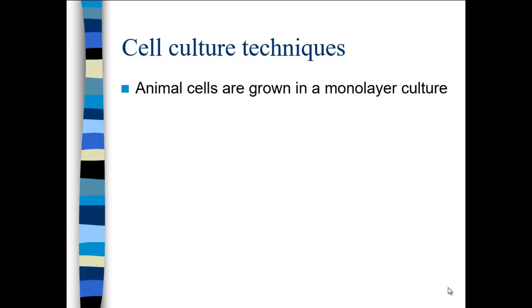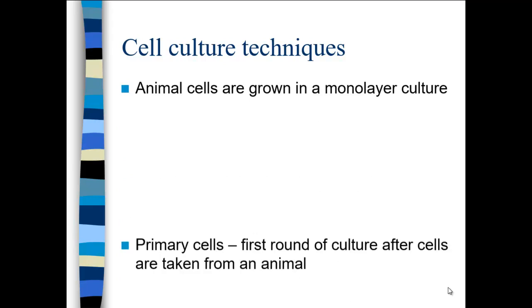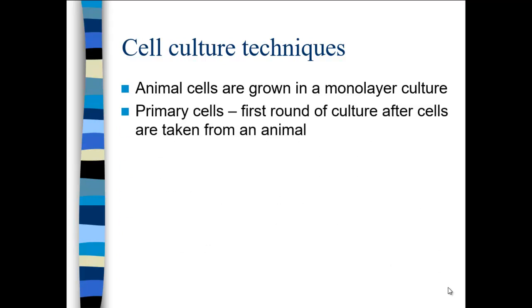You can also propagate viruses in animal cells grown in culture. And what you do is you take a first round of culture after the cells are taken directly from an animal. So you might get an animal cell line. You could even do this with human cells, with like human foreskin cells. And then you propagate the cells in culture.